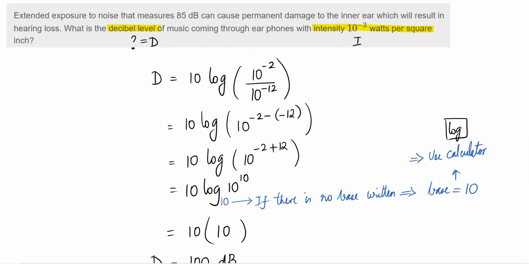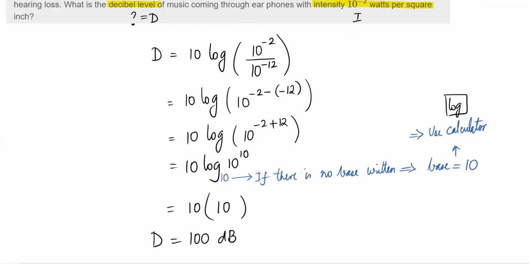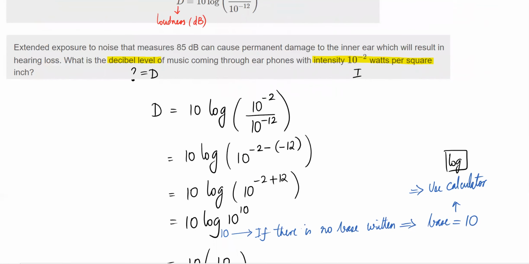So coming back to the question, we answered the question, but do you think this is a good level? Look at that. Extended exposure to noise that measures 85 decibels can cause permanent damage to the inner ear. But this one is saying 100 decibels coming through the earphones, especially when we want very clear, crystal clear music and all the effects of it.